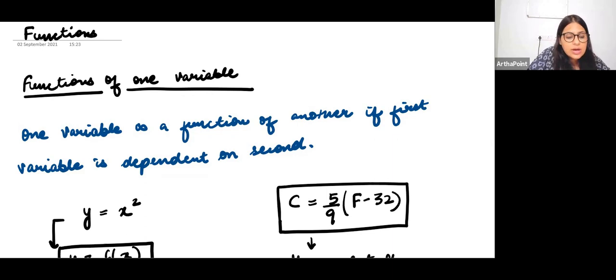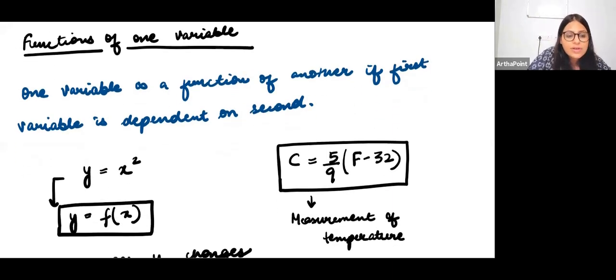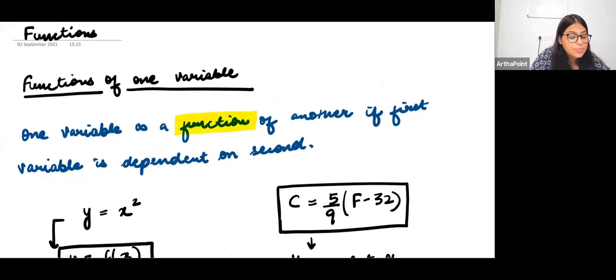Now, what is a function to begin with? One variable is a function of another if the first variable is dependent on the other. So I can form as many functions as I want. Agricultural yield is a function of rainfall.